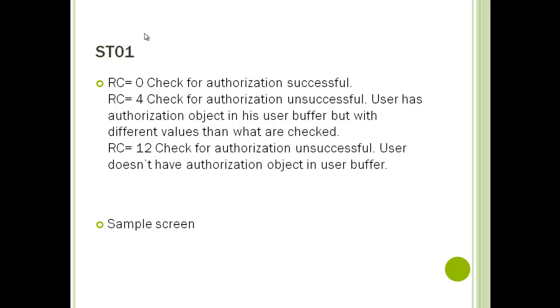In ECC you will have 0, 4 and 12. So let's not confuse this. In the older version you have 0 and 1 as the main ones, though there are still different return codes. And in the latest version you have 0, 4 and 12. You have a lot of other return codes, but you will not find them in an authorization trace. So these are all the main return codes you will find in an authorization trace.